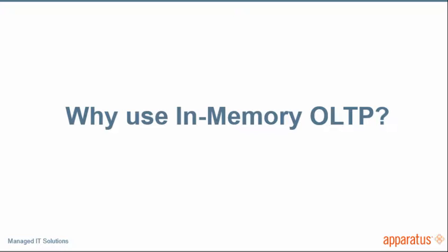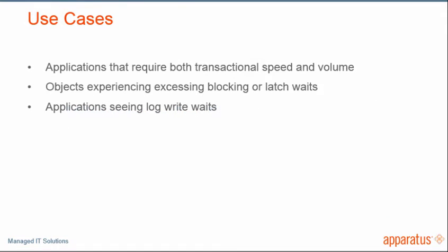The reasons for using in-memory OLTP are a few. Applications that require both transactional speed and volume are a use case for this. If you have objects that are experiencing excessive blocking and latch waits, or if you are seeing log write waits as an issue, in-memory can help you solve those problems.